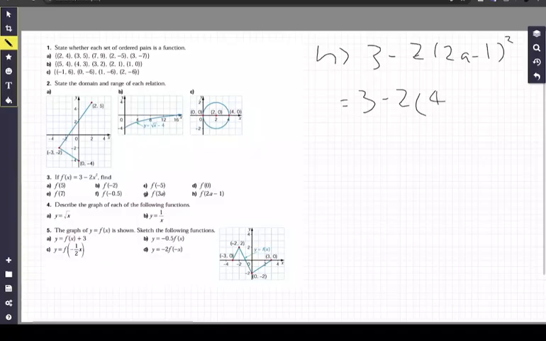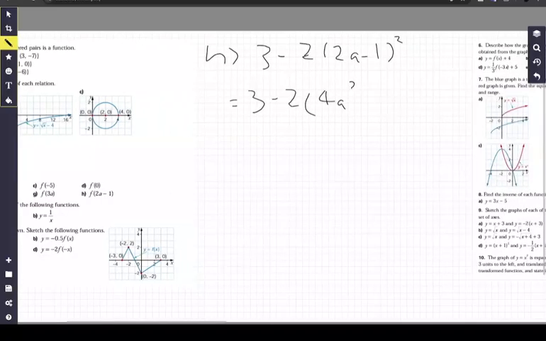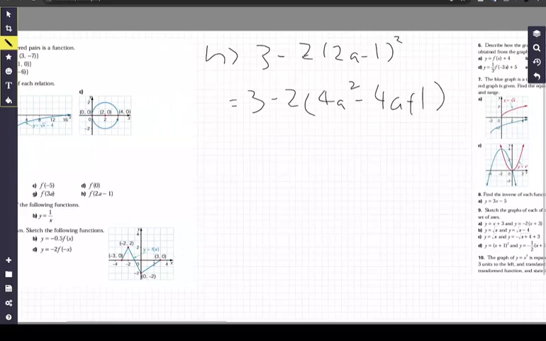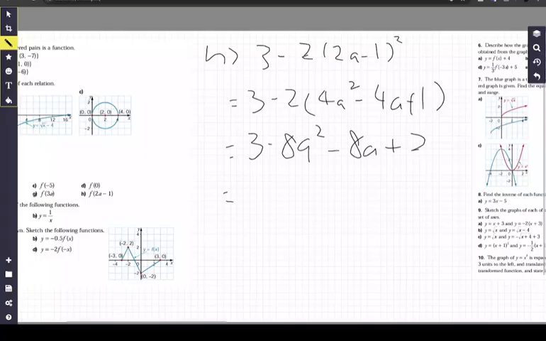So 4a squared minus 4a plus 1, minus 8a squared minus 8a plus 2. Then we collect the like terms, so -8a squared minus 8a plus 5. So that is how we expand it with the variable.